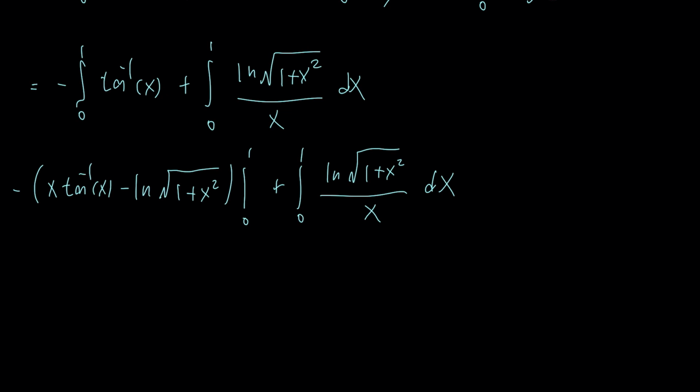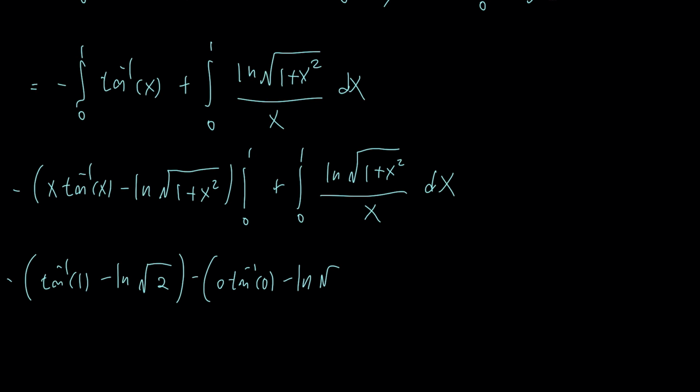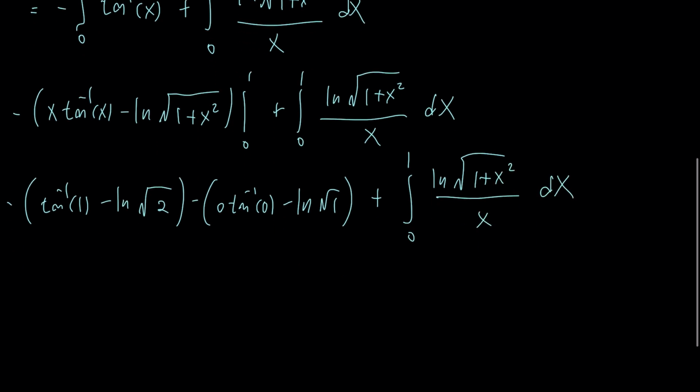So evaluating at the bounds, we have negative inverse tangent of 1 minus the natural log of the square root of 2, minus 0 times inverse tangent of 0 minus the natural log of the square root of 1, plus the integral from 0 to 1 of the natural log of the square root of 1 plus x squared over x dx. Inverse tangent of 0 is 0, and the natural log of 1 is 0.